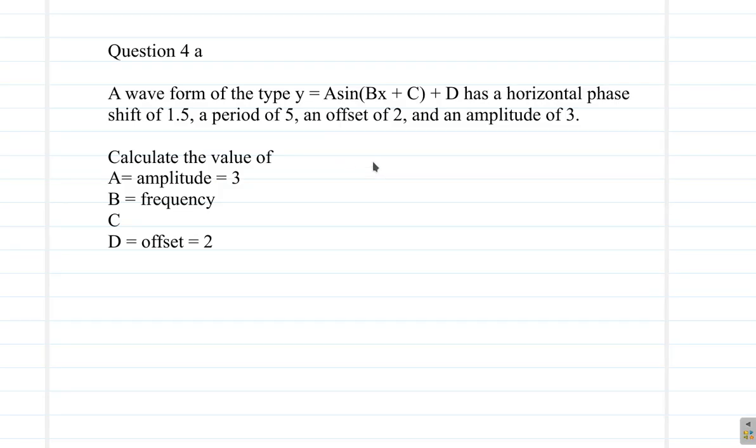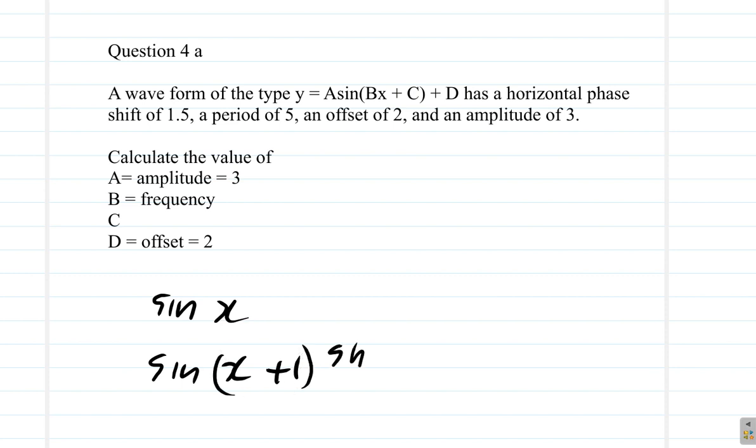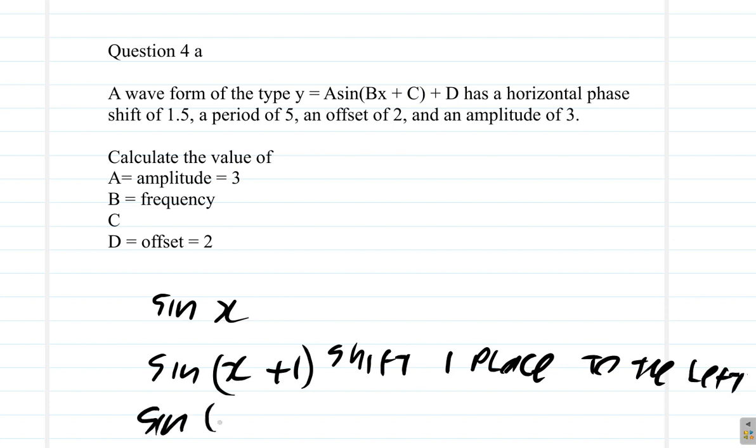So basically, when you say sine of x plus 1, there's a shift 1 place to the left. And when you say sine of x minus 1, there's a shift 1 place to the right.